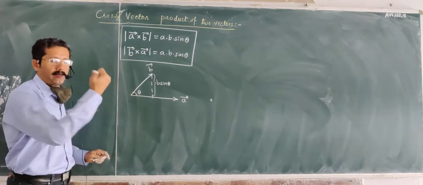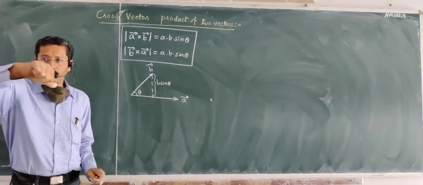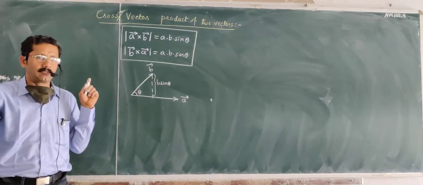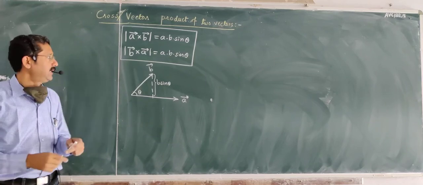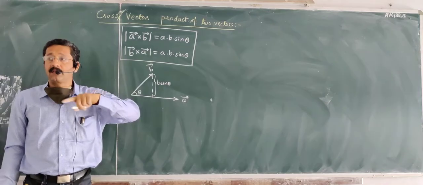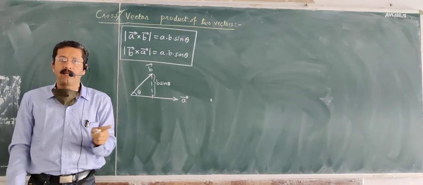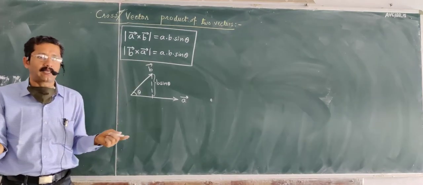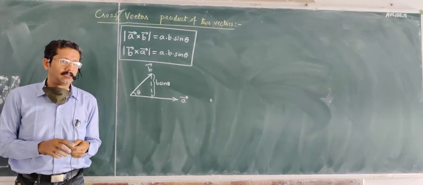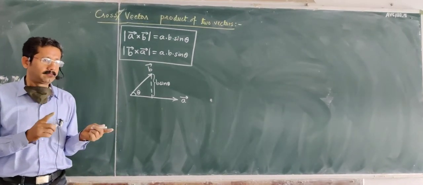A cross B was pointing towards you, B cross A is pointing towards me. They are 180 degrees opposite to each other, and that is why the A cross B vector and the B cross A vector have equal magnitudes but exactly opposite directions, and that is why they are not equal vectors. They are negatives of each other.